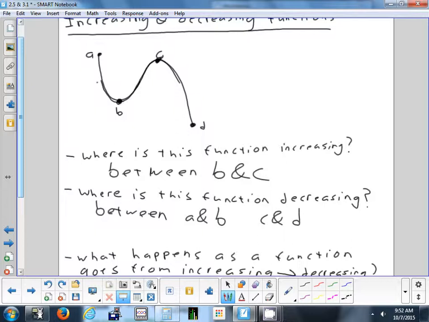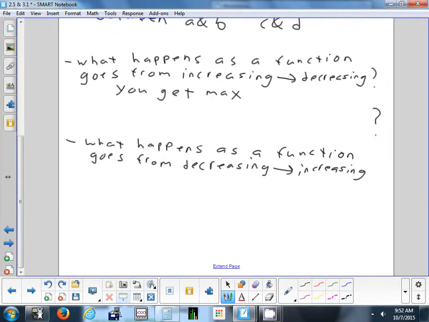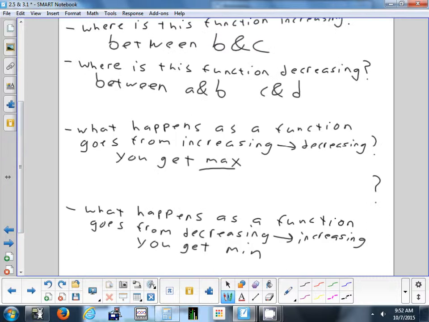So as a function goes from decreasing to increasing, you get a minimum. So on the homework, if they ask you to find where a function is increasing or decreasing, you need to find the maxes and mins.